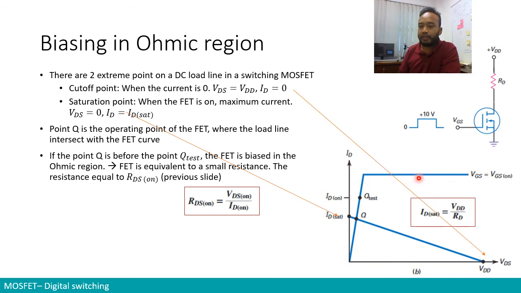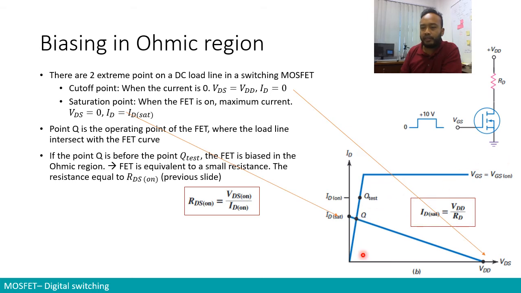So just now, for example, imagine if we are operating our MOSFET with a VGS applied equal to VGS on. So imagine VGS on, we have this curve over here, right? So if you have VGS at VGS on, and then the intersection with the line is at this point Q. Okay, this point Q is what we call our operating point.